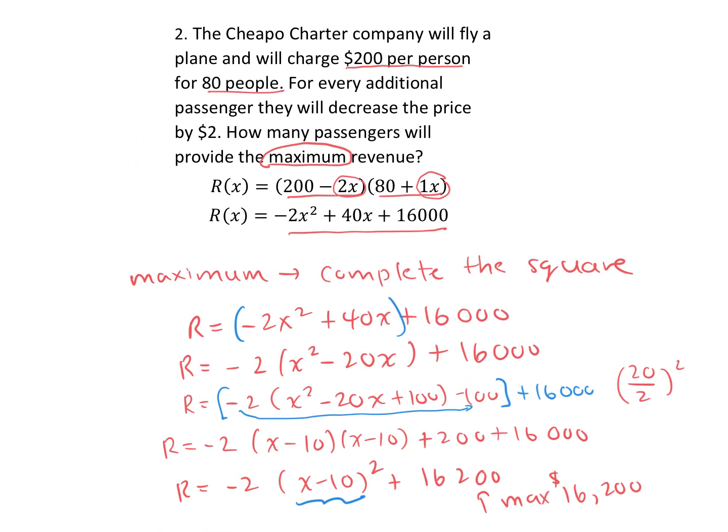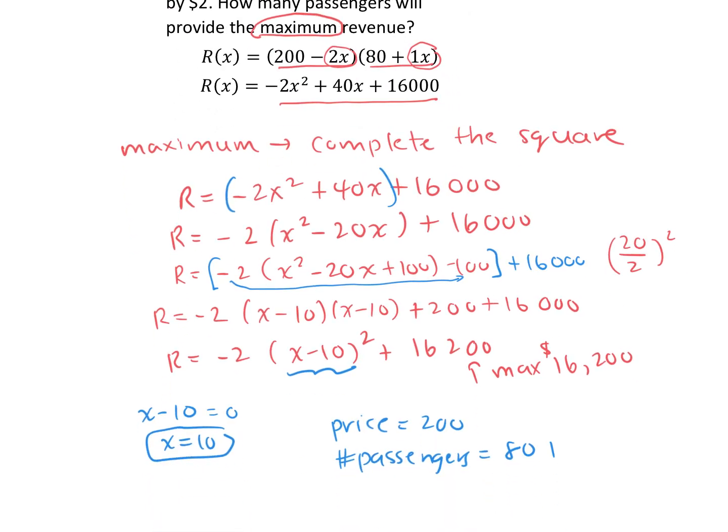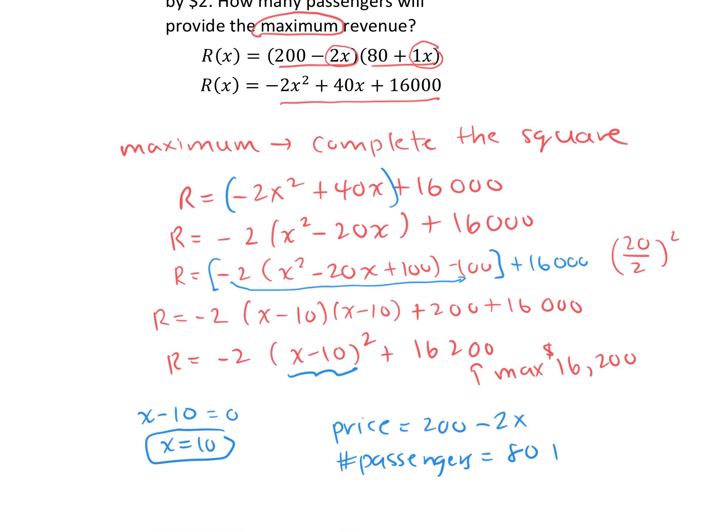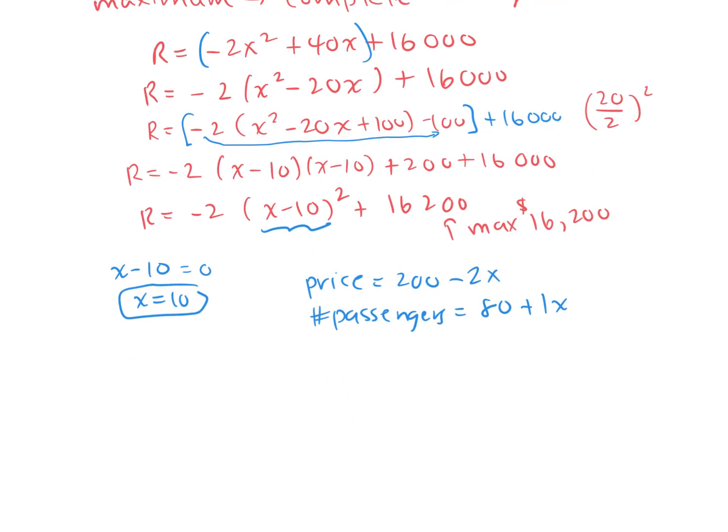The price was going down $2, and that would make another person buy a ticket. So we're going to do that 10 times. So $200 reduced by $2 10 times is reducing by $20, so $180. And we're going to put the number of passengers up by 1, 10 times. So that means 90 people are going to go on the plane.